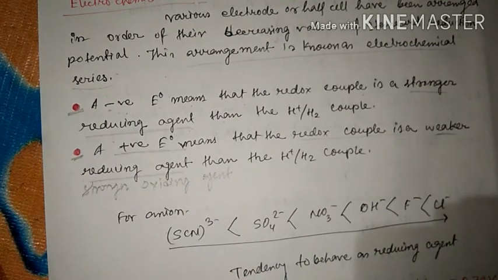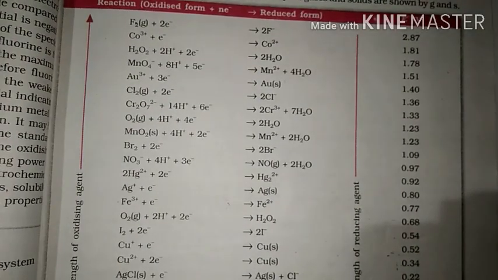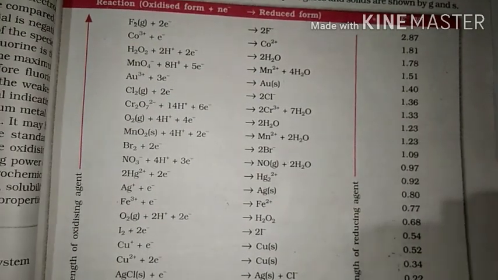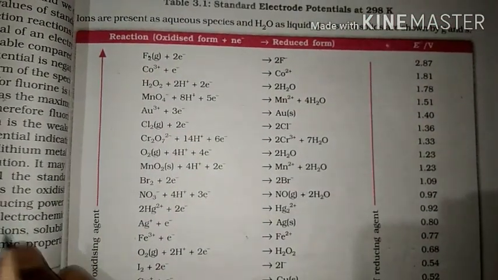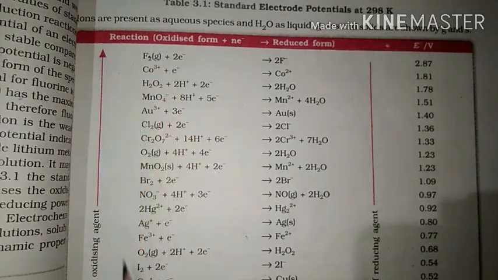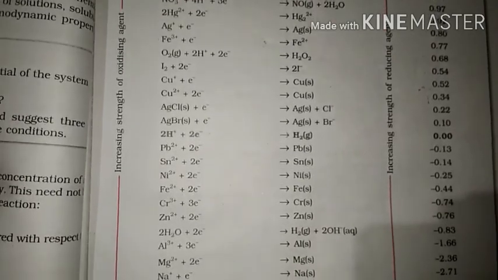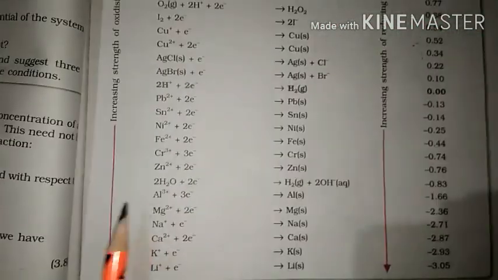Now see, in your book, it's clearly given on page number 69. One chart is there, from here to here, from fluorine down to lithium.